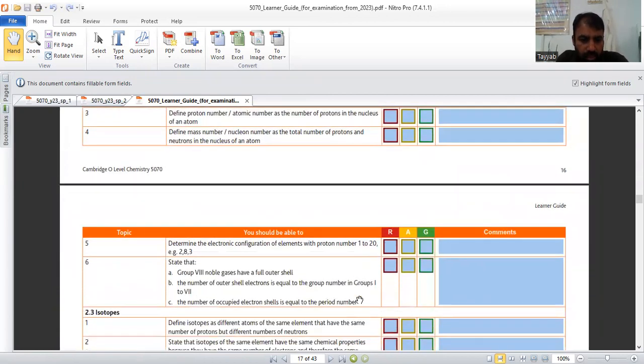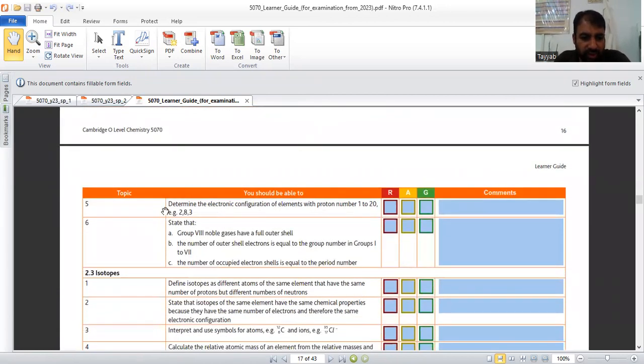Now, if we see this 5th checklist point: determine the electronic configuration of an element with proton number 1 to 20. For this, I would like to open the whiteboard. On the whiteboard, we will see what this is.